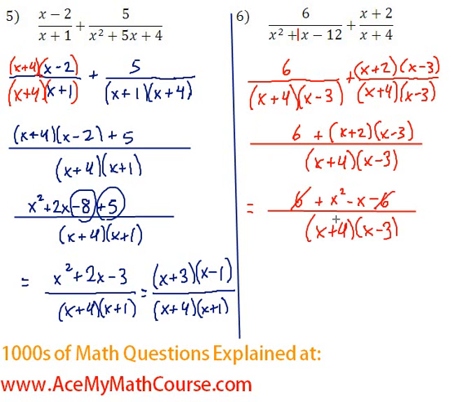The 6's go away. 6 minus 6 is 0. And we end up with x squared minus x, which can actually be simplified because I can pull out an x and make it x times x minus 1, then all over x plus 4 times x minus 3. And that's it. Draw a check mark for this guy as well.